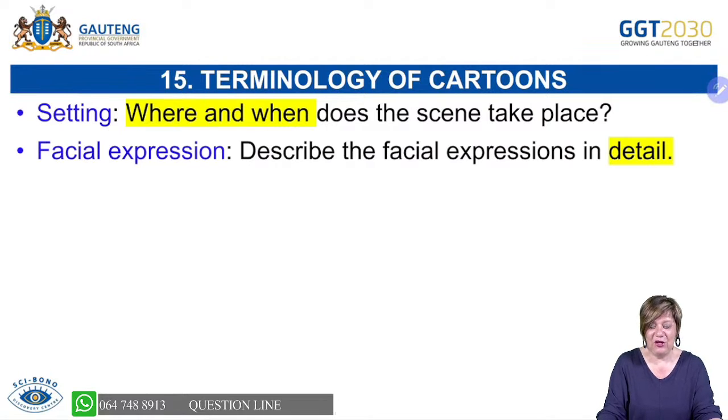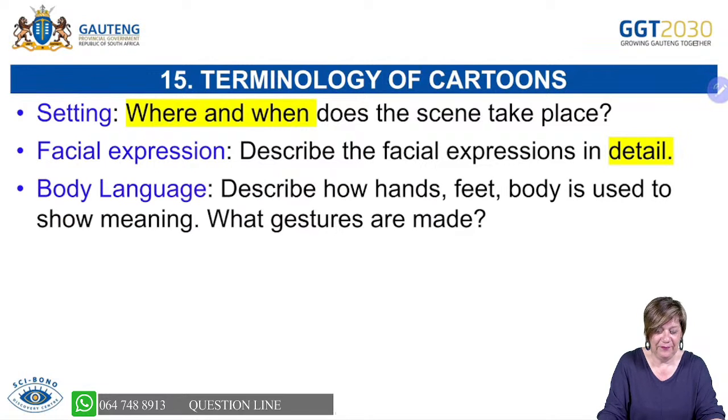Now, facial expressions obviously mean your facial expressions, but you have to remember to describe them in detail. Be careful with body language. It's a term that we will use, but you can't just say the body language shows that he's angry.